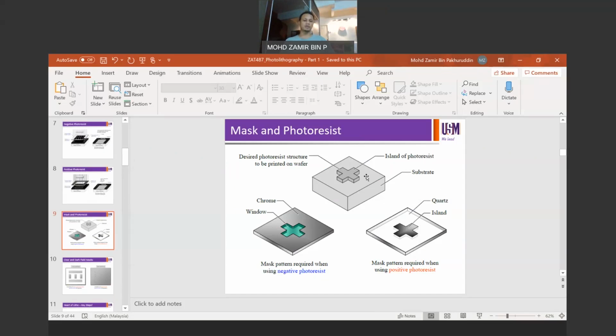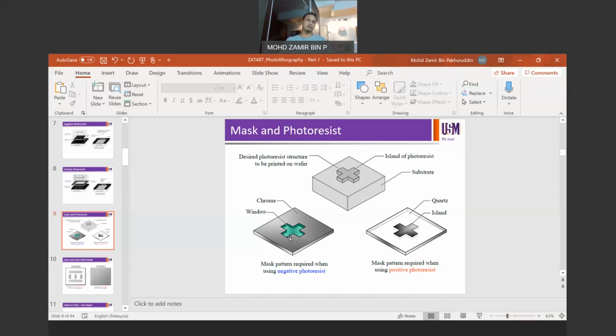in order to have this feature in the center. So if you can see on this mask, the window is in the central region and the chrome area is in the outer region. So what's going to happen during the exposure is the window is going to allow the UV light to pass through.